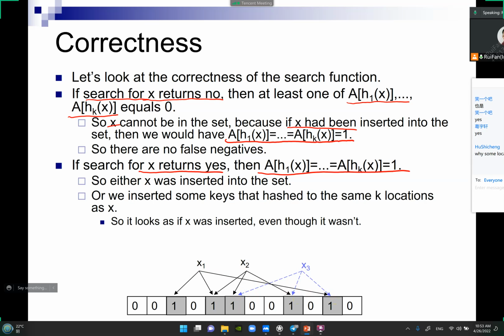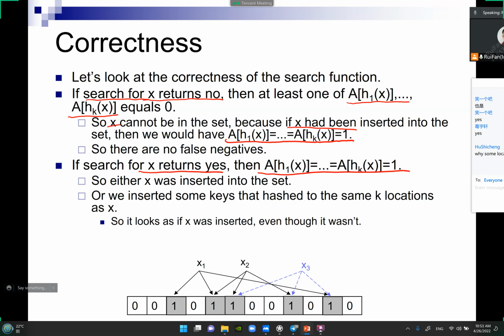So you never inserted x3. But when you go check for all these 3 locations, you see that they're all 1s. So in that case, the Bloom filter is going to say that x3 is in the set. And that's a false positive because x3 is actually not in the set.